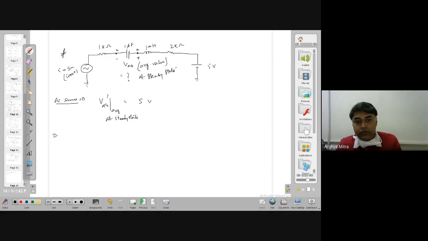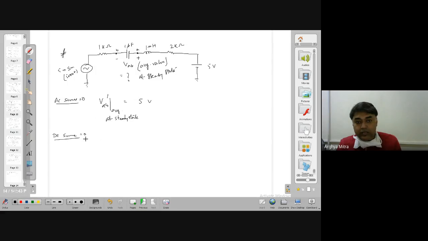And then DC source equal to 0. When the DC source is 0, there is only the sinusoidal voltage source. What will be the average value across the capacitor? Because it is sinusoidal, I know that the average value of a sinusoidal voltage is equal to 0.